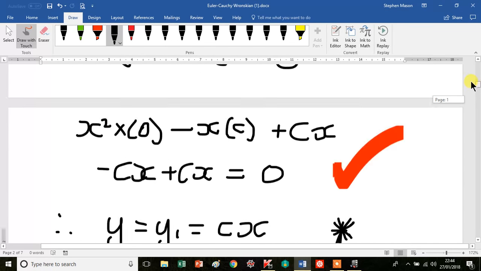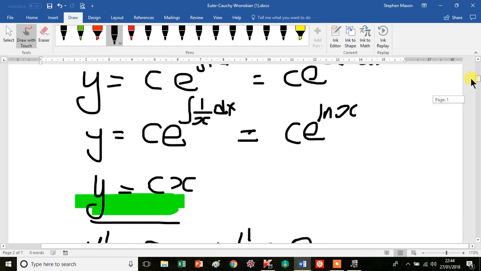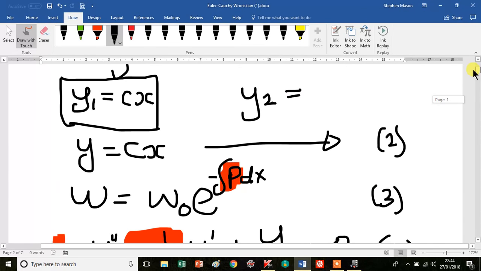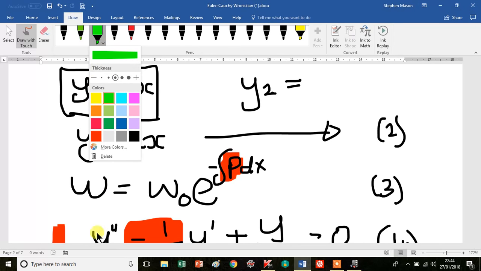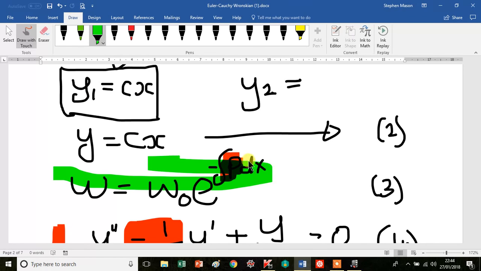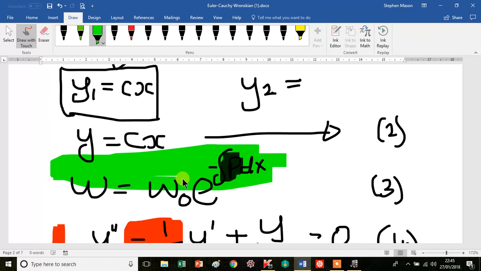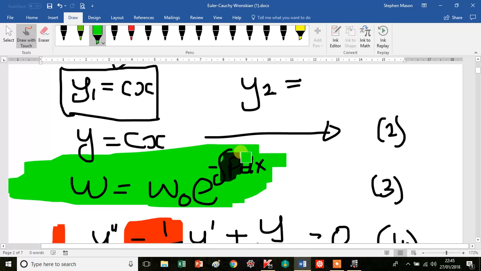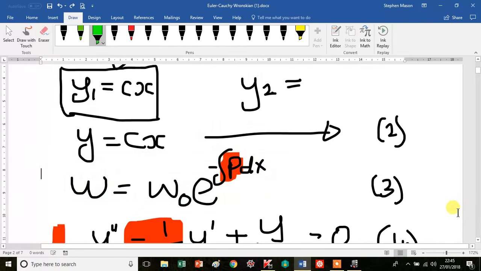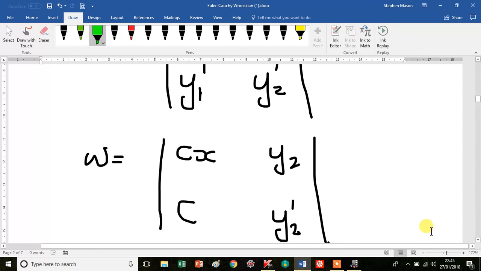So what do we do now? Well, we have to find the determinants of that, but what do we do beyond finding the determinants? Well, you might remember that earlier on, I actually said that the Wronskian was equal to W equals W0 times the exponential of the negative integral of p dx.